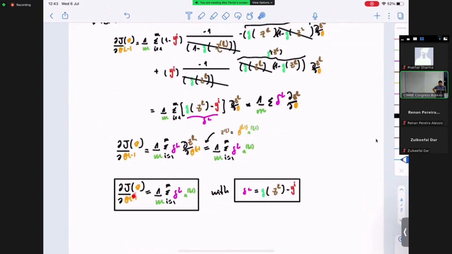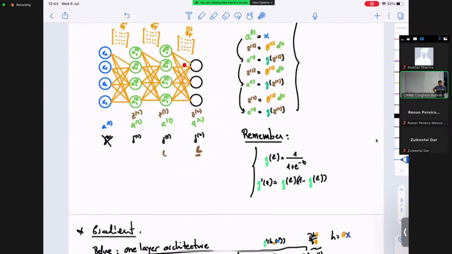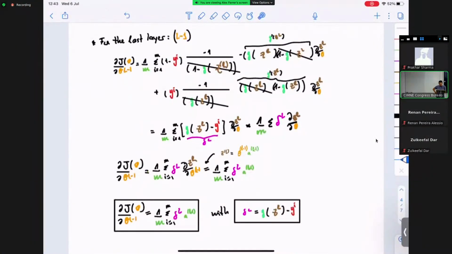So the derivative of J with respect to theta L minus 1 is the sum of this delta times A. And this is a pointwise product, where delta is the difference between G and Y.